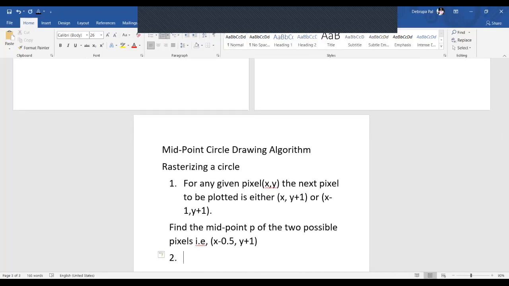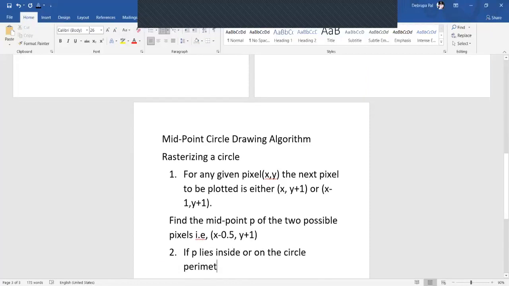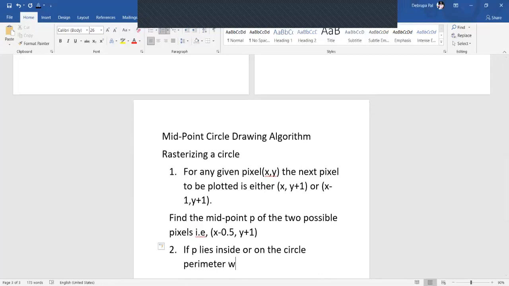Now what is the second point? Second point is, if P lies inside or on the circle perimeter, what do we plot? We plot the pixel x comma y plus 1.